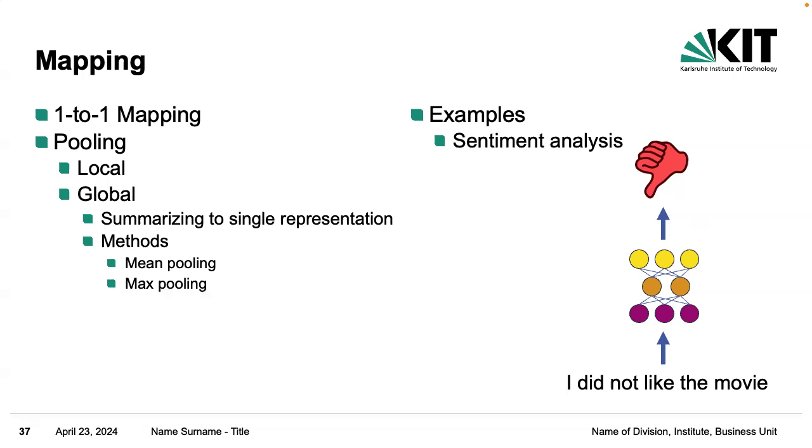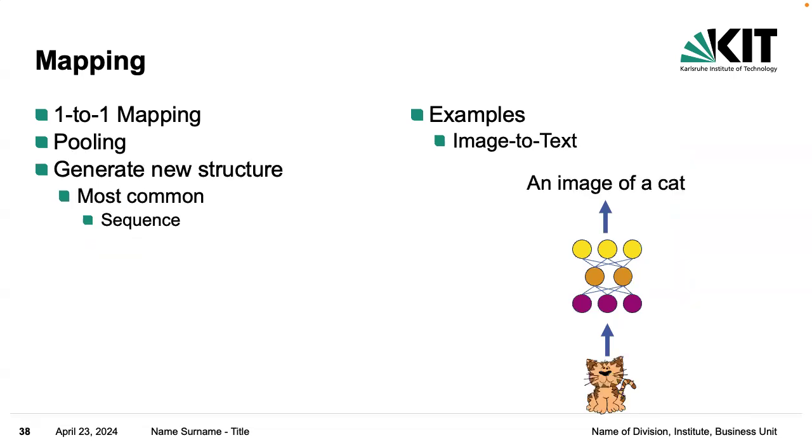So the first step was keeping the same structure. Then this one was reducing the structure, either to a fixed representation or by a fixed factor. But in a lot of tasks, you also want to generate a new structure. And we'll look into this mainly on the example now of text, or sequences.